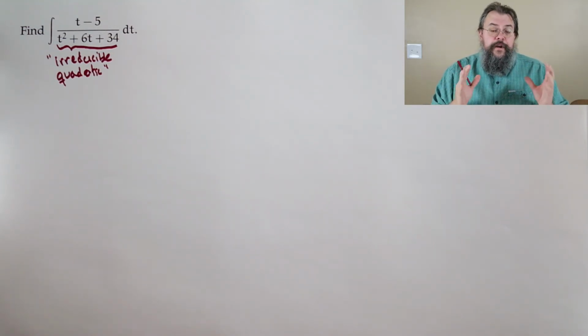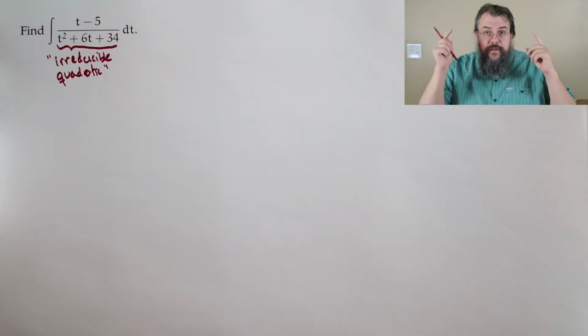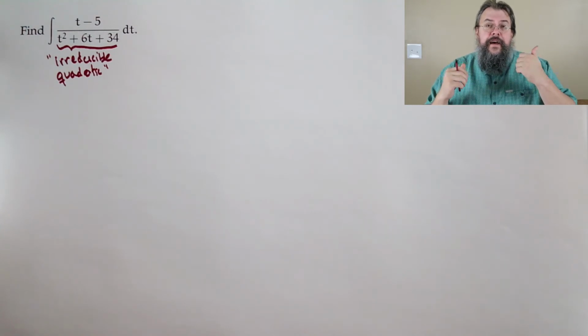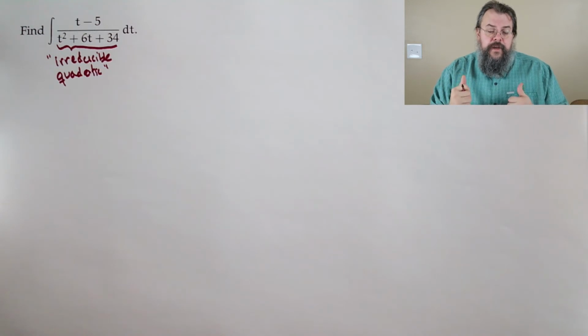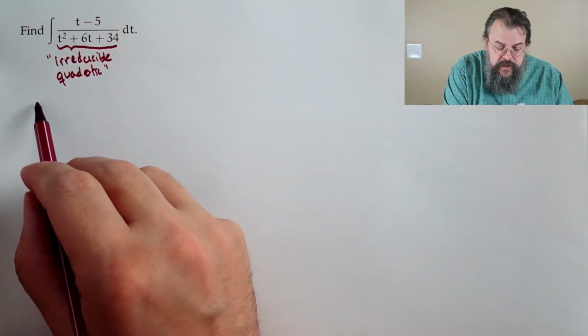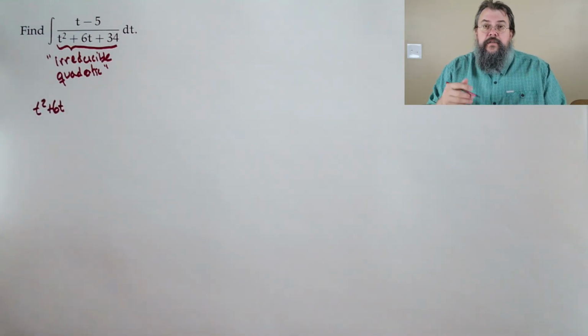So let's talk about what our denominator is. Now, once we have our trig sub hat on, we say, oh, I need to get a varying thing squared and then a constant squared. So we look at it and say, well, the varying part, there's a t squared plus 6t, and I want that to be a square.